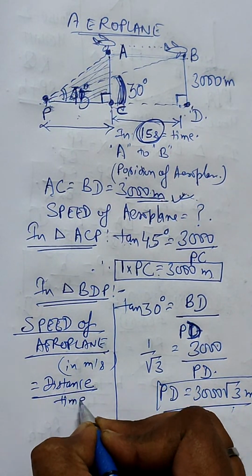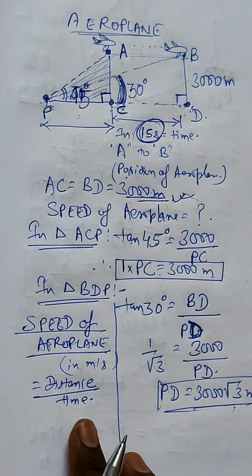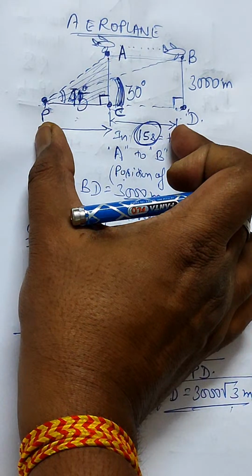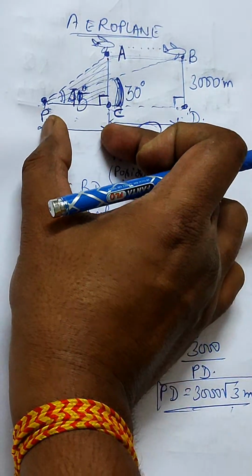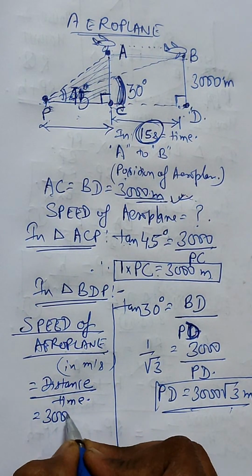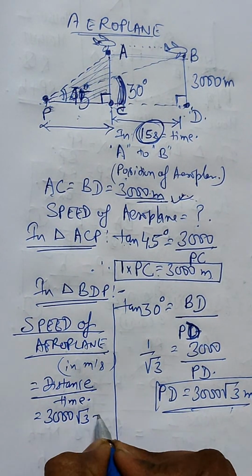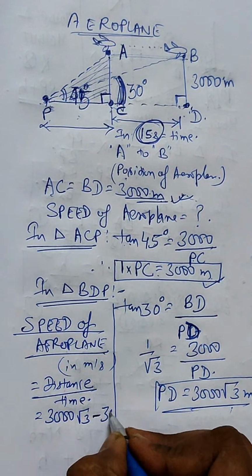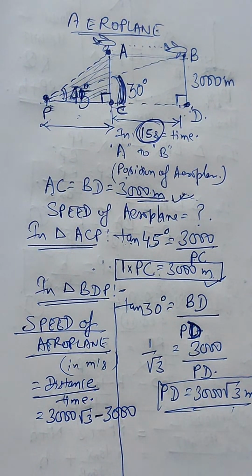The distance covered is PD minus PC, so this will be coming as 3000 root 3 minus PC. PC is 3000.